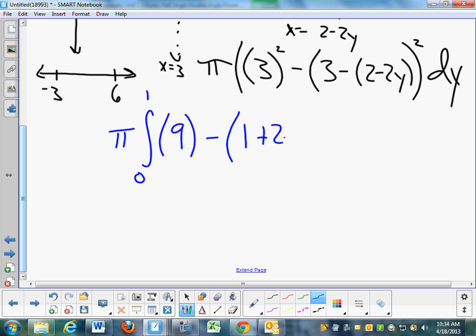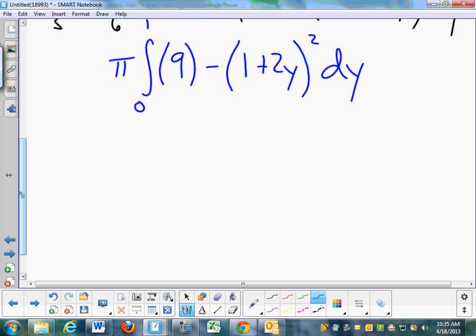We'll have a plus 2y, correct? So 3 minus 2 is 1, and then a minus a negative 2y is a positive 2y. And then we're going to have to do this part as well after I square it out. dy.